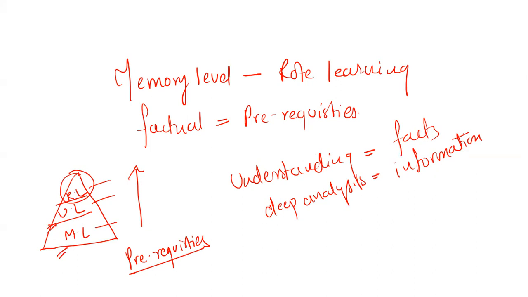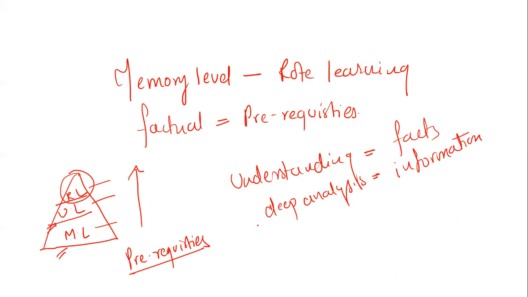After memorization, you talk about putting it down, meaning narrating the things in their own terms, so that you understand what they have understood and what you want them to get clear with. So understanding level is based on the deep analysis of facts or information, which is very, very important, right?